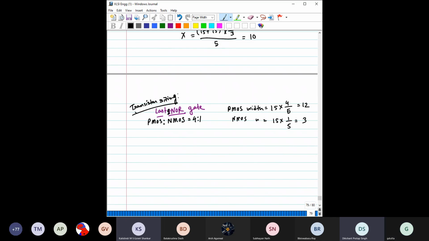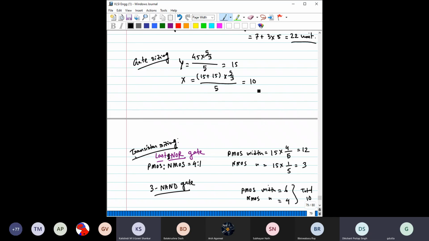Now after that we have to find it for the 3 NAND gate. The NOR gate is not there, it is the 3 NAND gate. Okay, I am writing it here. So PMOS width would be equal to 6, for 3 input. NMOS width would be equal to 4, because the total is 10, right? And that's what we have seen here. X value is 10.